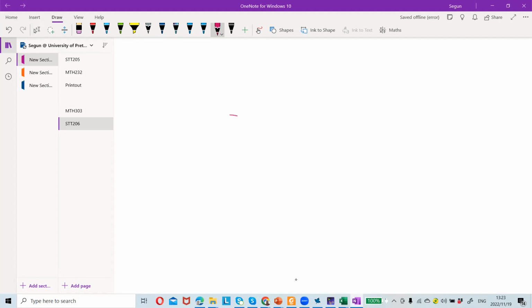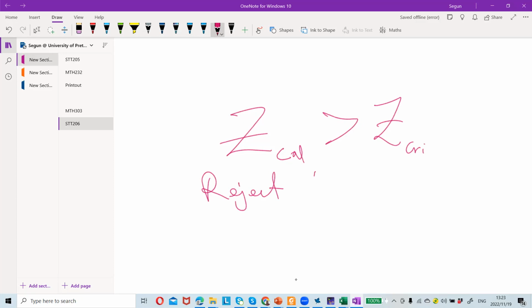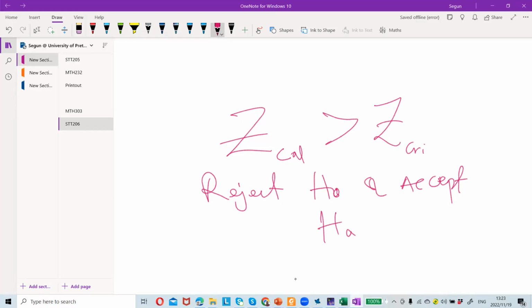So when you remember that I said Z calculated greater than Z critical, critical means what? Tabulated. It simply means we reject H naught and accept H one, the alternative hypothesis. Is that okay?